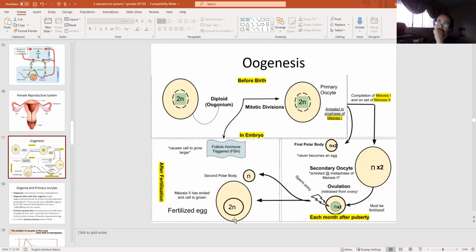This fertilized egg will develop into an entire organism, another human. If this doesn't happen, then menstruation will happen, and the cycle will go over again. So that's that.